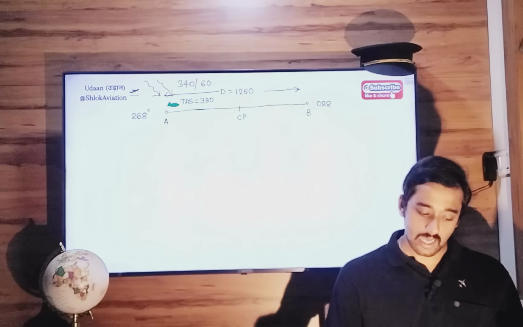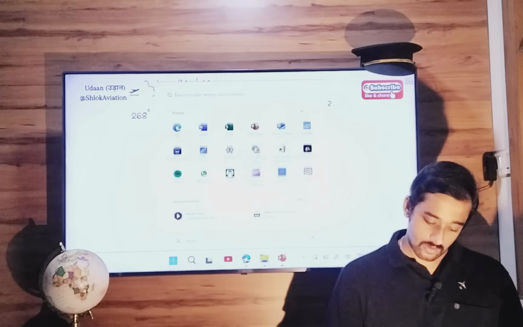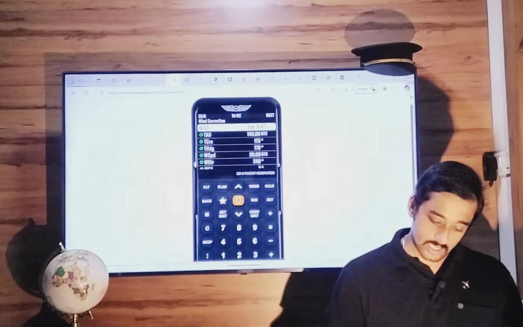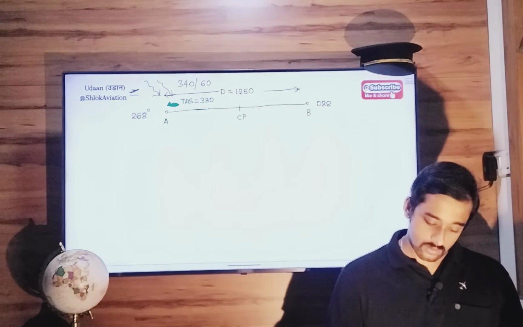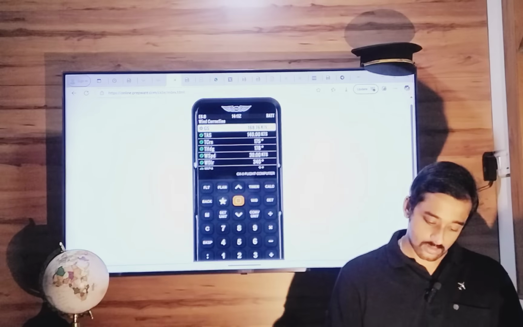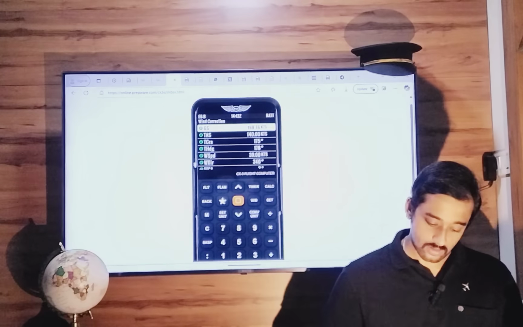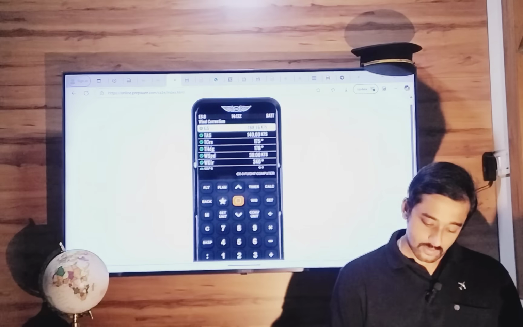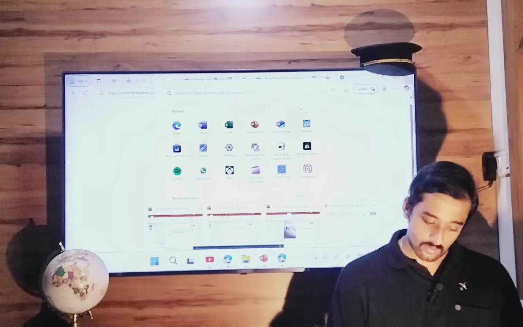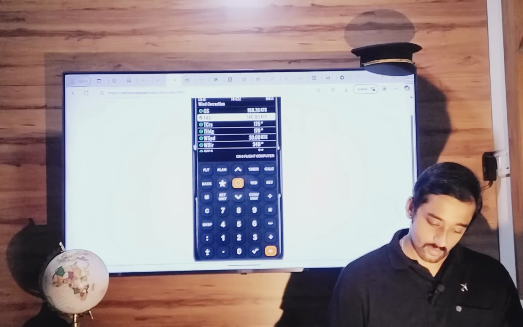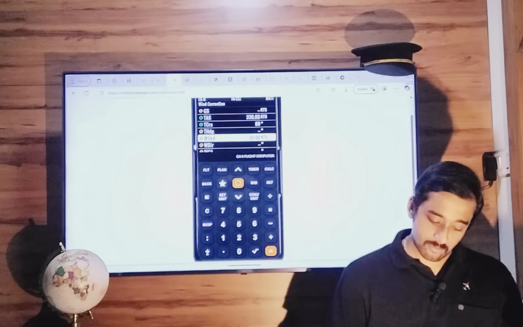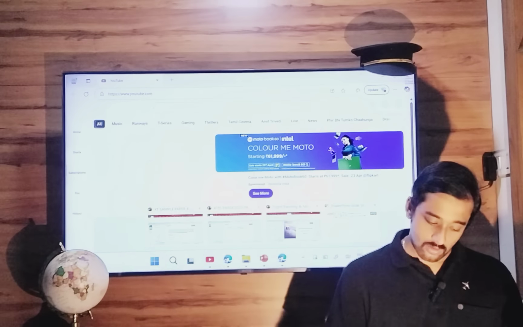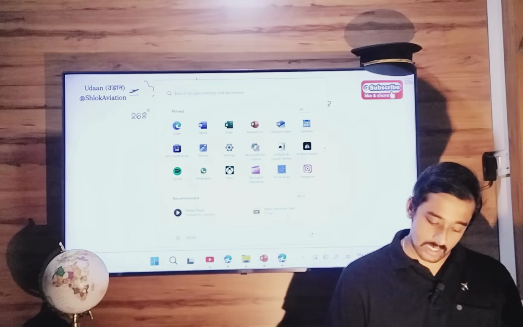Now let's use CX3 to find out ground speed. So task is 330. Outbound course 088. Wind 340 at 60.